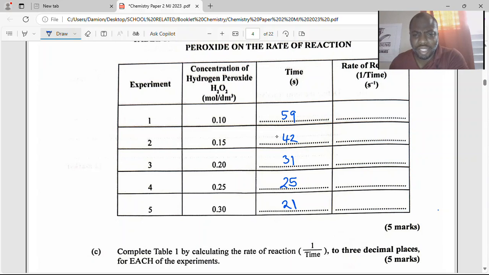And when we look at this, what is happening to the concentration, guys, from experiment 1 to 5? So it's increasing. Beautiful.